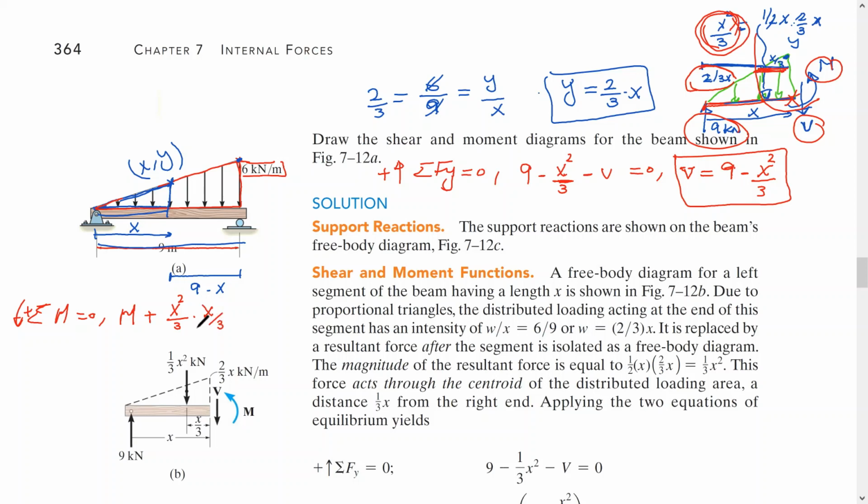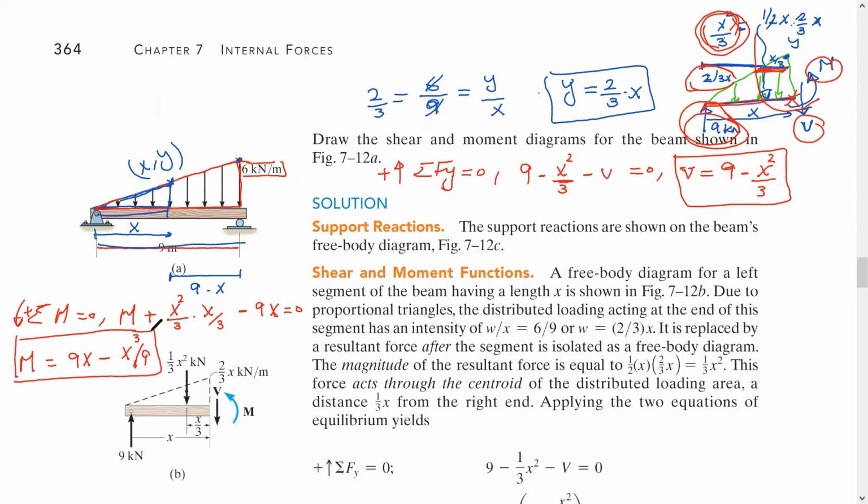Okay, the distance of the resultant from here. We still have one force here, which is minus 9x equal 0. So the moment here is equal 9x minus x cubed dividing by 9.